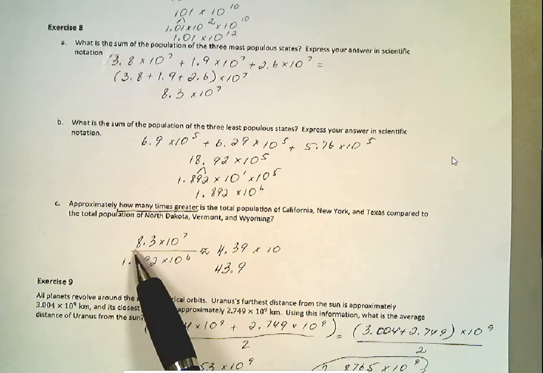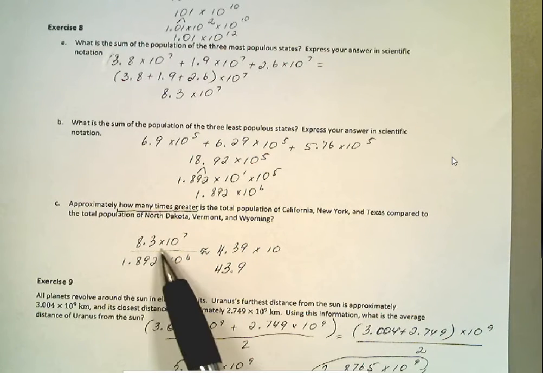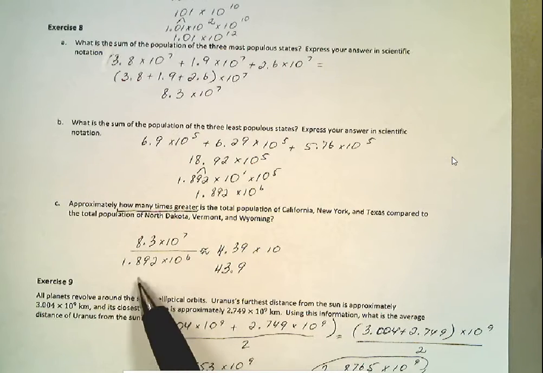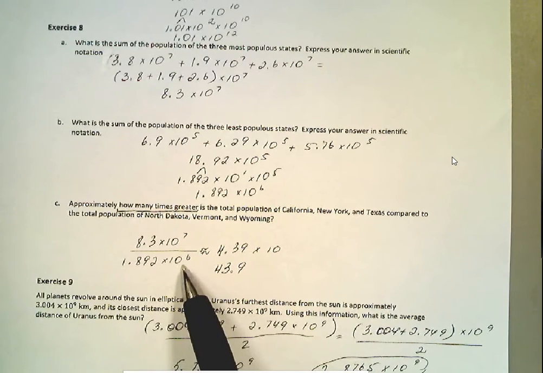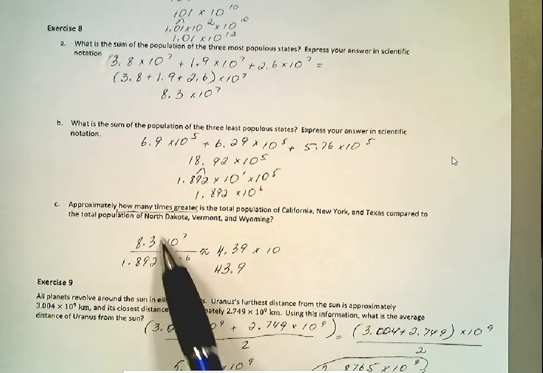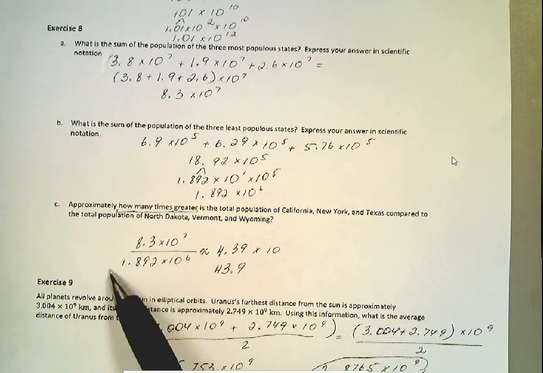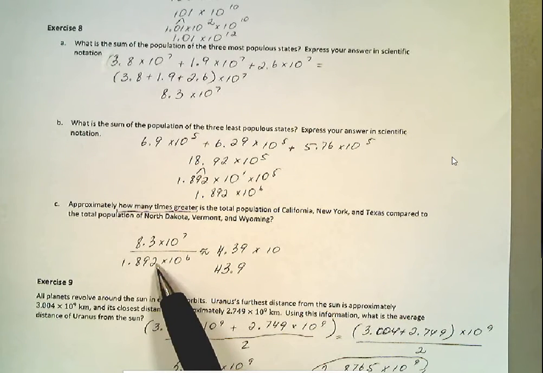I'm dividing my first answer, 8.3 times 10 to the 7th, by my second answer, 1.892 times 10 to the 6th. This is the quotient rule for laws of exponents, the one that we studied earlier in this module. We divide the numbers that are coefficients, right?